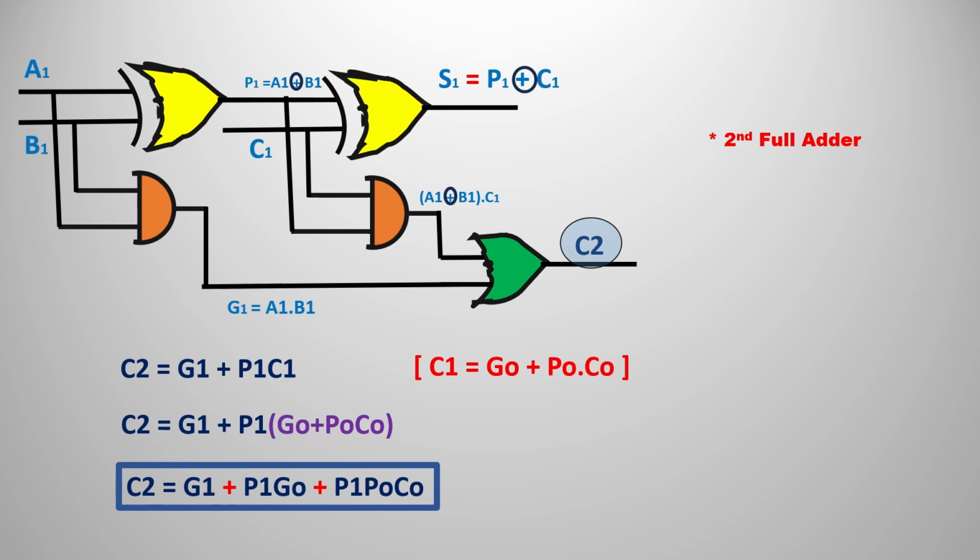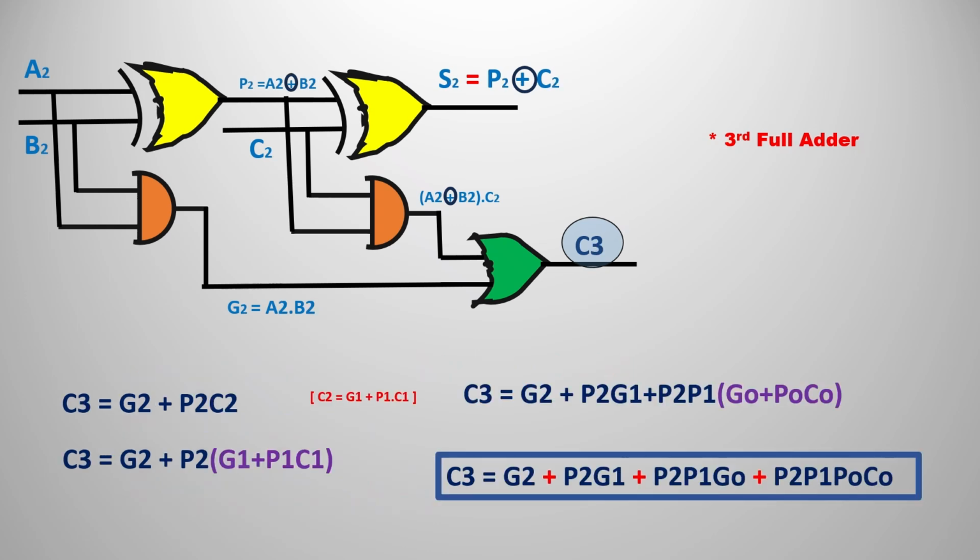I hope you know the meaning of G1 and P1: G1 is equal to A1 into B1 and P1 is equal to A1 XOR B1. From this, we replace C1 with G0 plus P0 into C0, because we already know the meaning of C1 from the first full adder. After replacing C1 and multiplying that out, we obtain C2 as the final output of the second full adder.